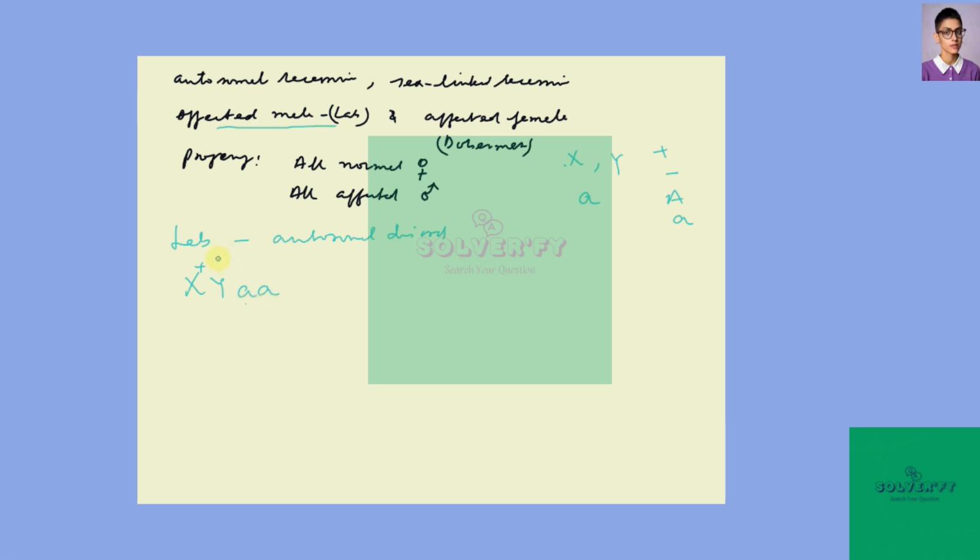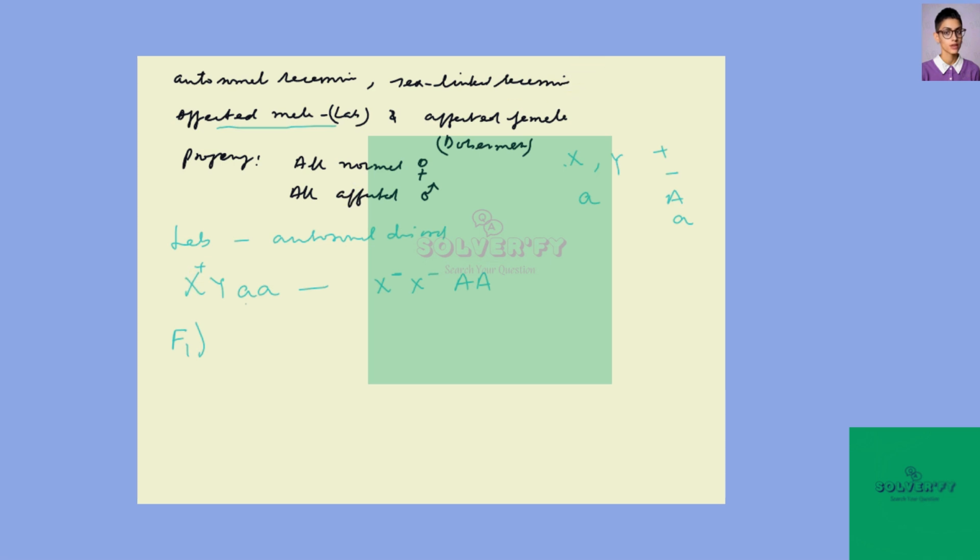So if we consider this male dog as affected by an autosomal disorder, then for the female we have to write it is the sex-linked recessive. So in that case, both the X will be affected and both the autosomes will be normal. So let's find what will be the F1 progeny. Before that, we must know what the gametes will be.